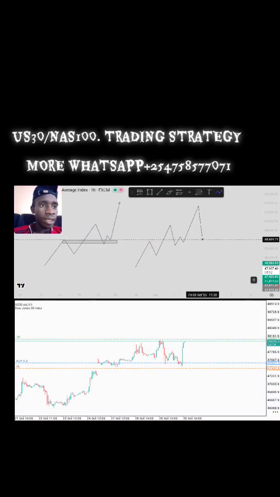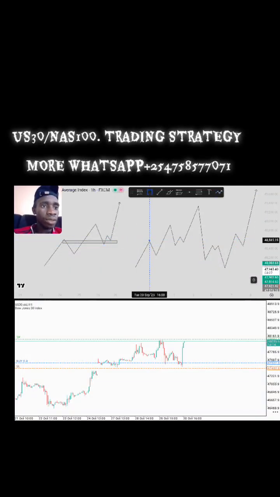We have that reaction right there. We have it, break, retest, then can have the continuation up to another low, whereby the market can come and break above, then retest, then continue with the moves.